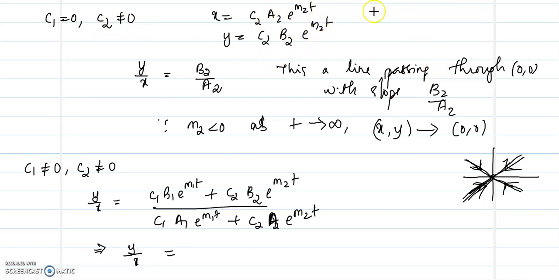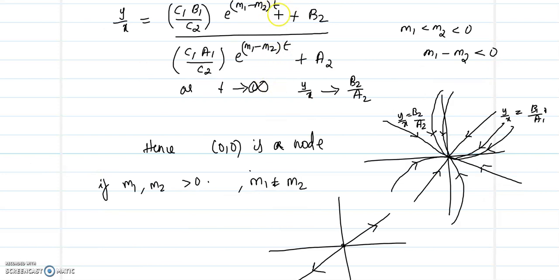As t tends to infinity, the direction will be reversed. The direction will not be inward, it will be outward. Again as t tends to minus infinity, this will be entering the origin. And here also the same thing works. As t tends to minus infinity, y by x will be approaching b2 by a2. So we will be getting everything the same, except that all the directions are now reversed.